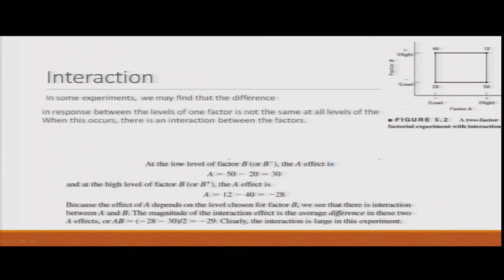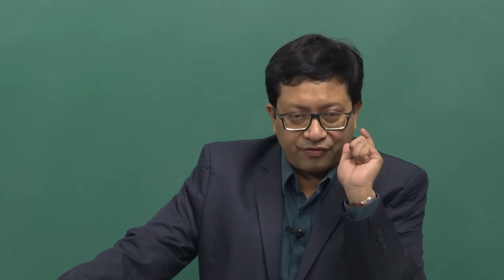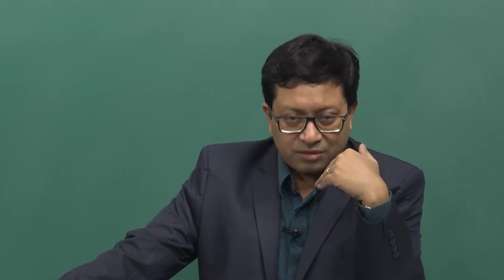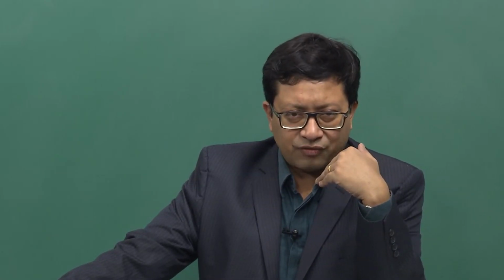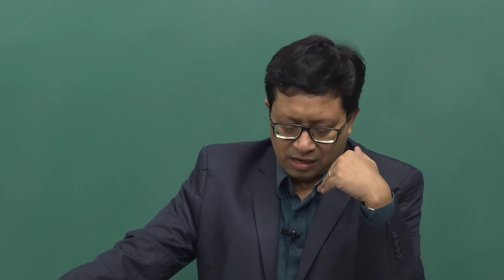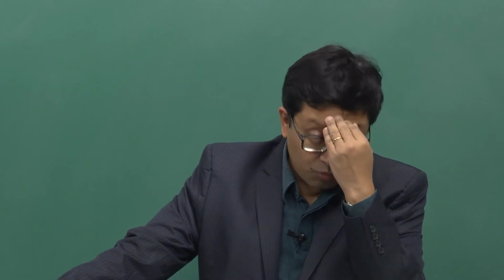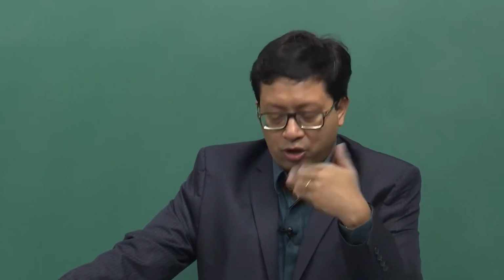The magnitude of the interaction effect is basically the average difference in these two values of A. When we try to find the combination of A and B, it will be the difference of the values, which for B plus was minus 28, and minus of the value for the lower level of B, which is minus 30.